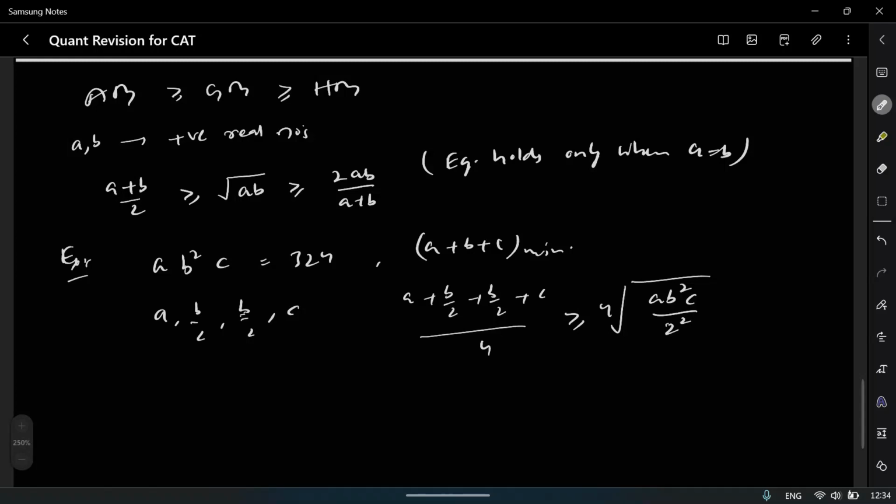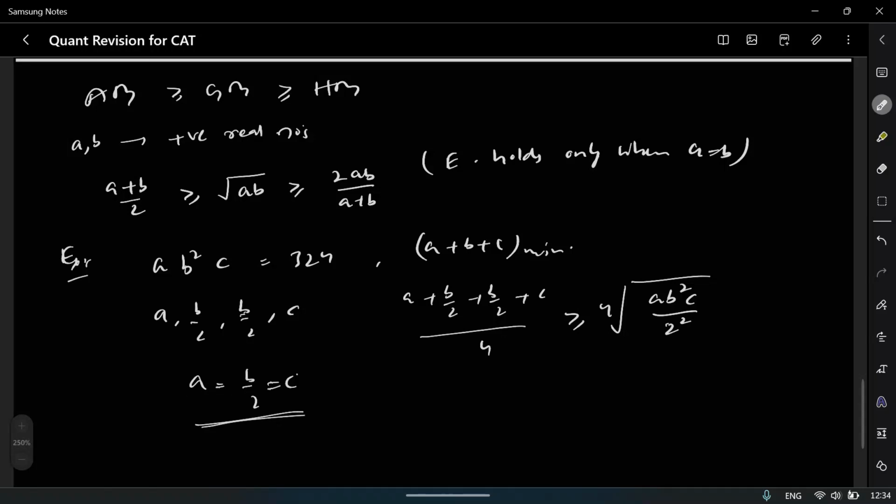Another method: since equality holds only when the terms are equal, if you want to find the maximum value, it's not possible. But we'll find the minimum value when A equals B by 2 equals C. Only then and only then will we find the minimum value.